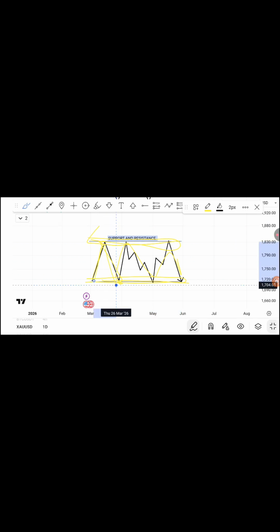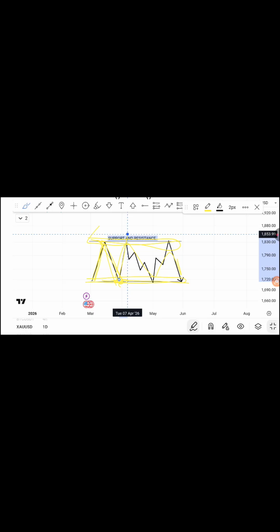Because when price goes up and sweeps above liquidity, there will be liquidity below this level, so the market has to come and sweep it again. And when it comes down and sweeps this liquidity below, there will be available liquidity above this same zone again. The market just has to go and sweep it.